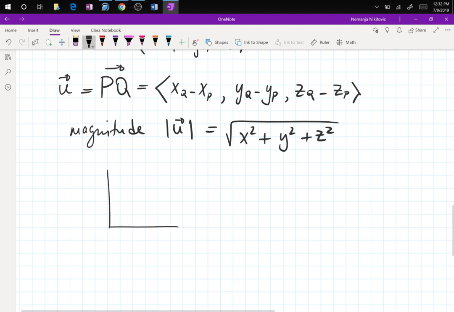So let's say you have X, Y, Z, and you have a vector U. Now, magnitude, easy. We're done, right? Direction. You see the direction. You shine the light above, which would give the image of that. So this is a shadow of that vector. Now, that's in the XY plane.